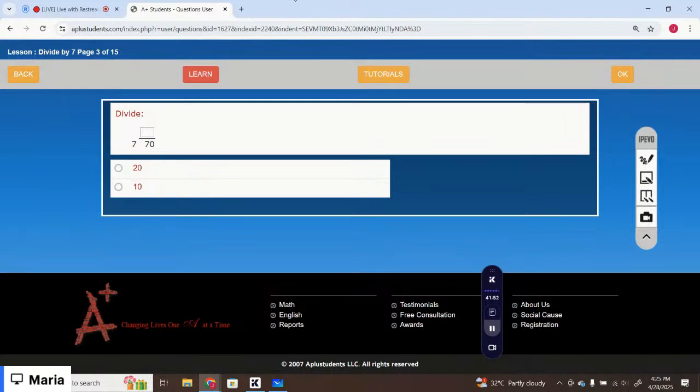Seventy divided by 7, which is the correct option? 7 times 10 is 70. The correct option is 10. Option number 2 is the correct option.